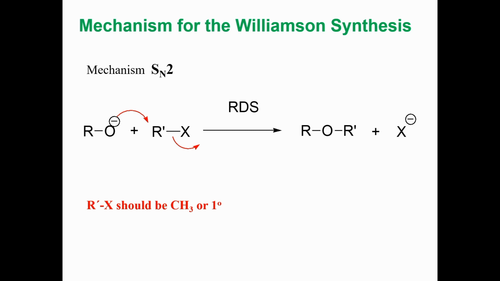As the alkoxide takes the alkyl, the halogen, which is a good leaving group, will easily leave.